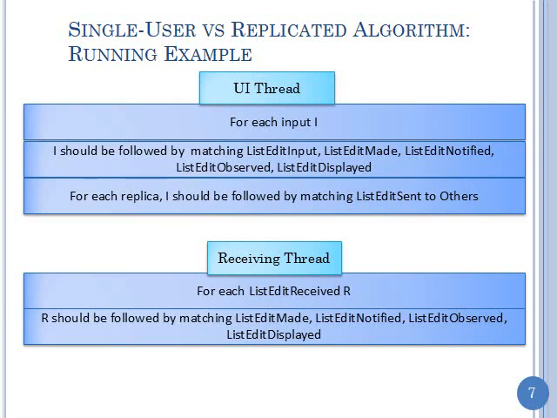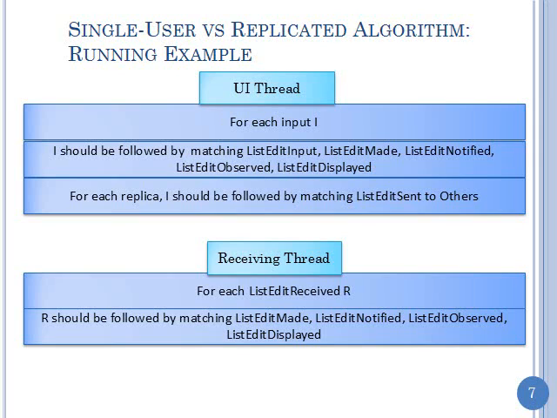I was cutting and pasting, and I guess I forgot the list edit made. So this should have list edit made, list edit notified, list edit observed, and list edit displayed, right? All of these things should happen. Of course, when you do made, the other actions should occur, so that our view gets changed. That's the algorithm. If I don't remember, just remember there's this comma. Yeah, there should be a list edit made here.